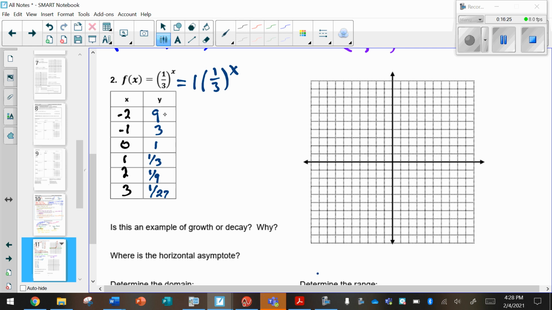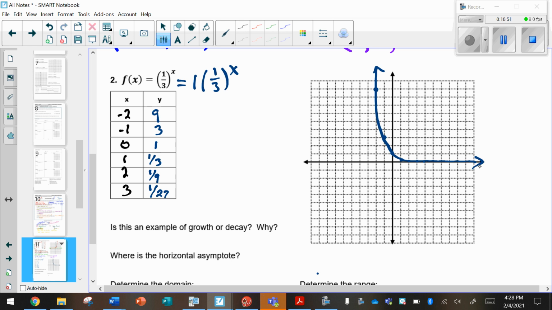Now we got some plot points we can plot. So -2, we're at 9. -1, we're at 3. 0, 1. And then 1/3, 1/9, 1/27. And again, we get so close to that x-axis, we really can't see the difference between one side and the other. And our graph gets super steep, comes from being super steep pretty quick.